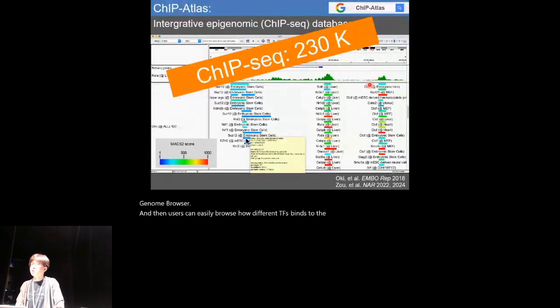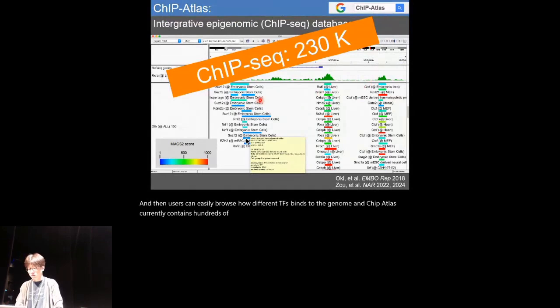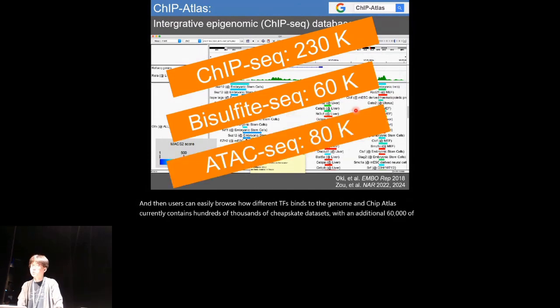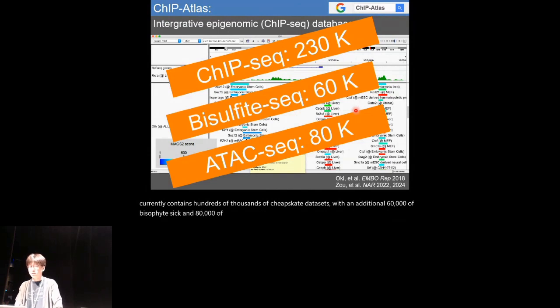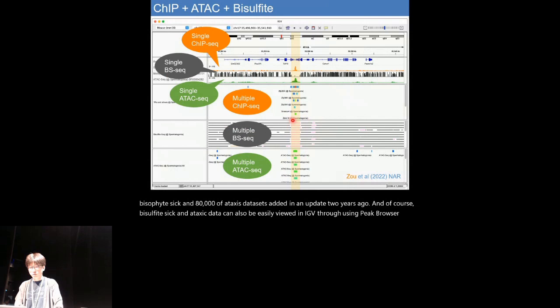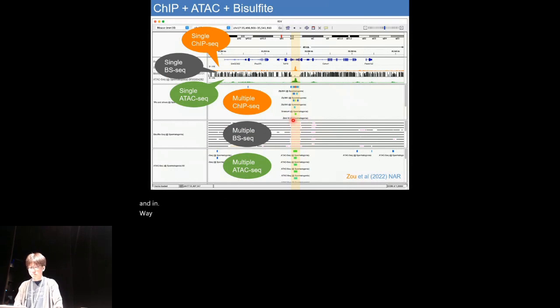And ChIP-Atlas currently contains hundreds of thousands of ChIP-Seq datasets with an additional 60,000 of bisulfite-seq and 80,000 of ATAC-seq datasets added in an update 2 years ago. And of course, bisulfite-seq and ATAC-seq data can also be easily viewed in IGV through using peak browser tool, in the same way as ChIP-Seq dataset.